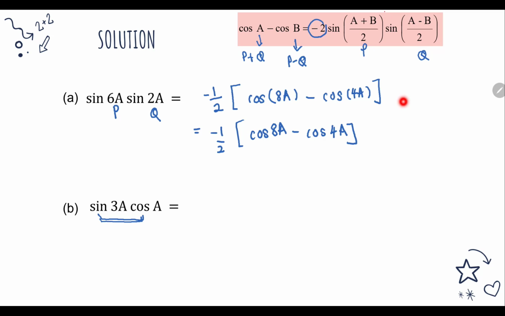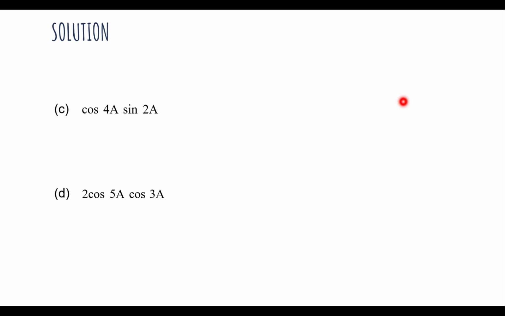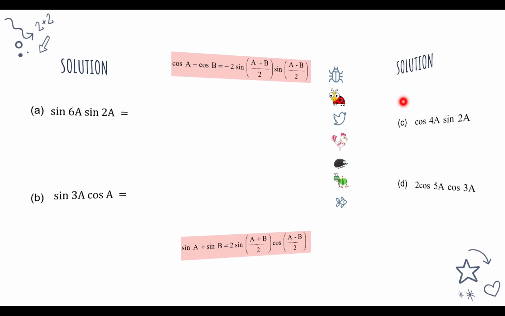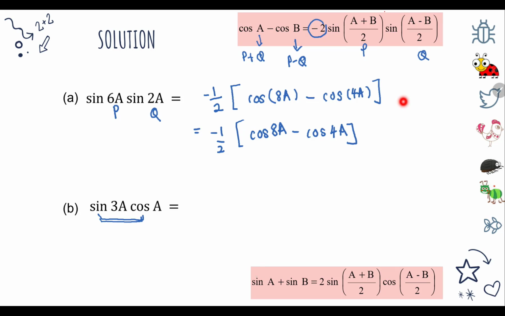So I hope you have decided which formula that you want to use. Now let's see, is this the same as the formula that I have chosen? The formula that I have chosen is sin A plus sin B equals 2 sin (A plus B) over 2 cos (A minus B) over 2.